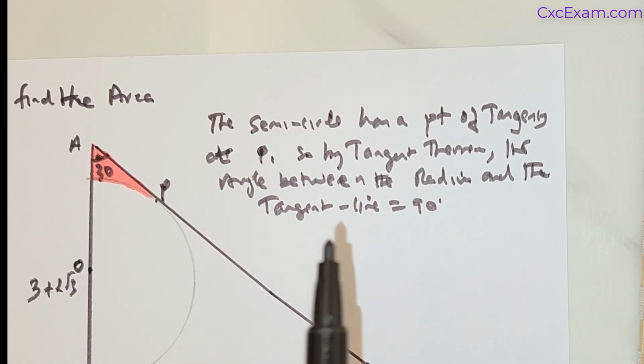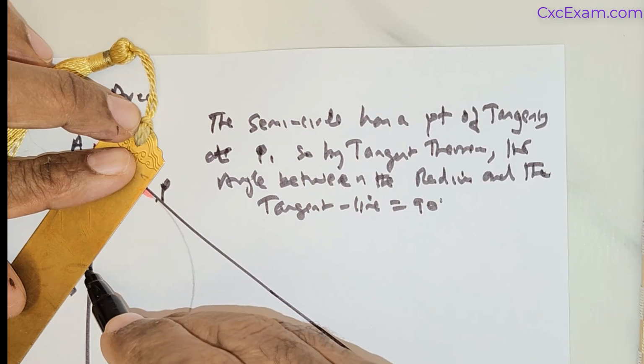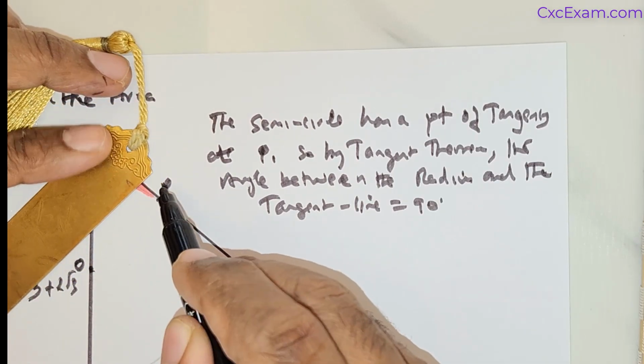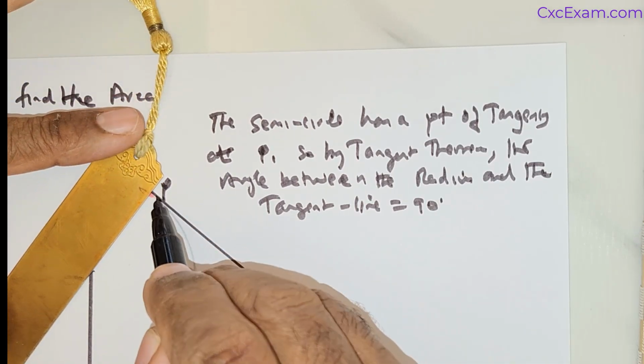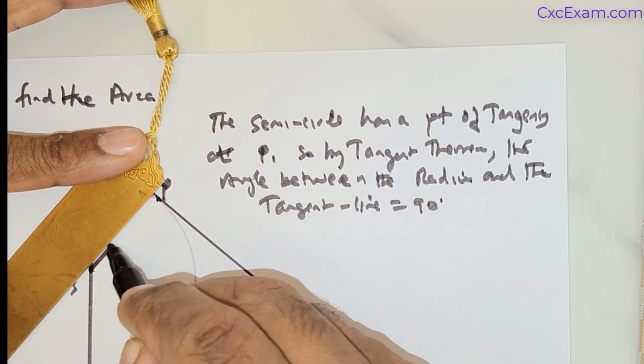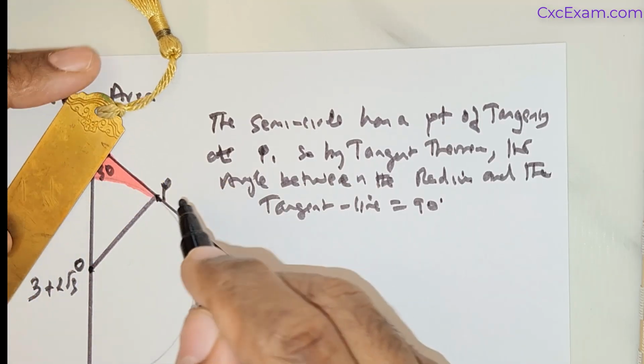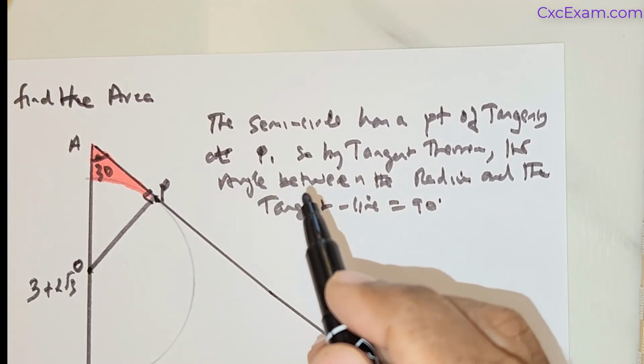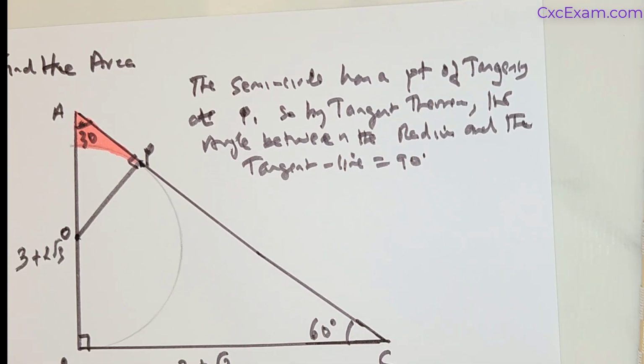So if I would like to connect these 2 points, O with P, this angle is going to be 90. Okay, fair enough.